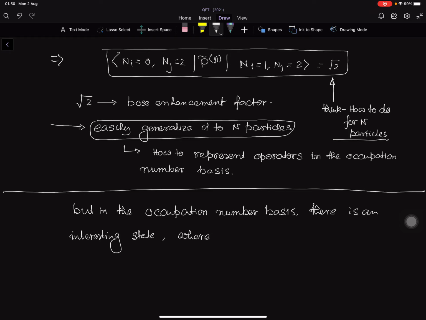In this discussion, let's relax the particle number. So in the occupation number basis, there is an interesting state where the occupation is 0.